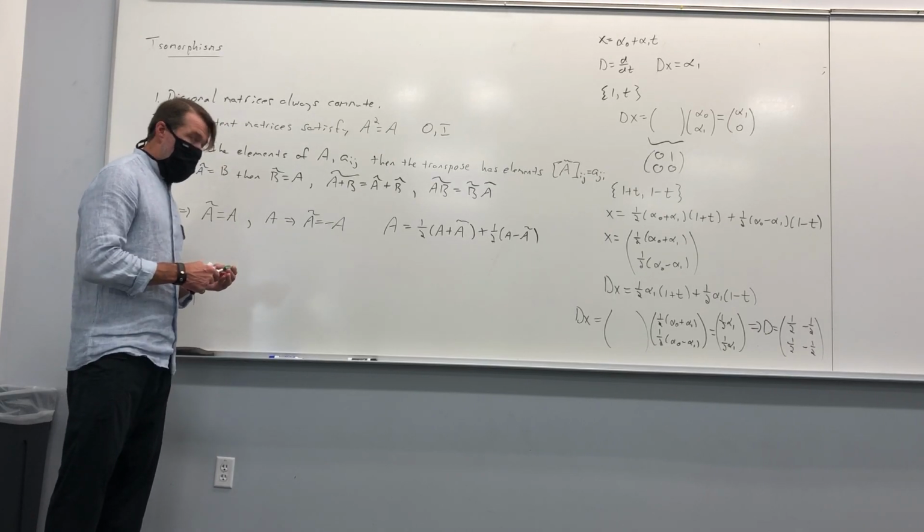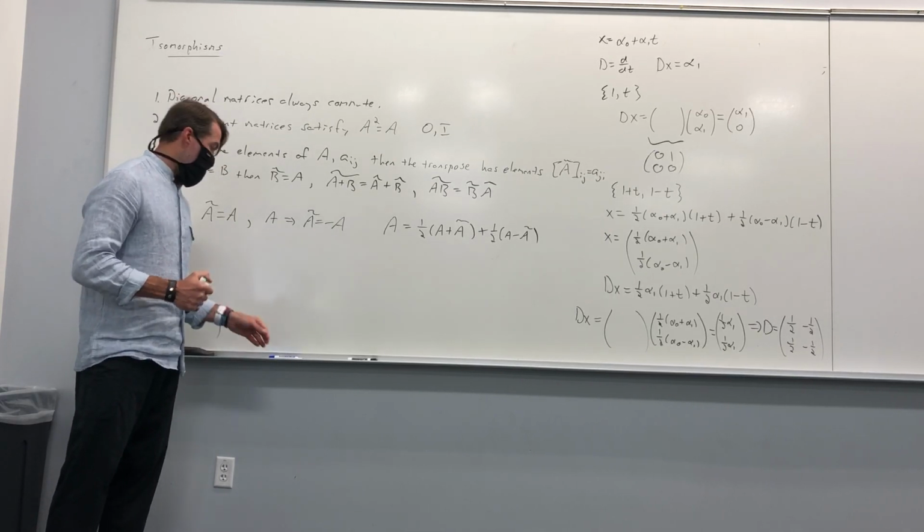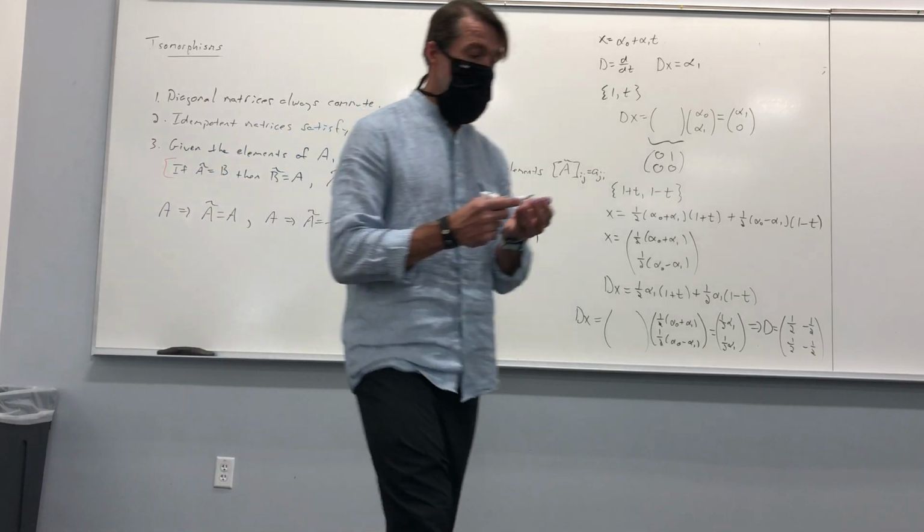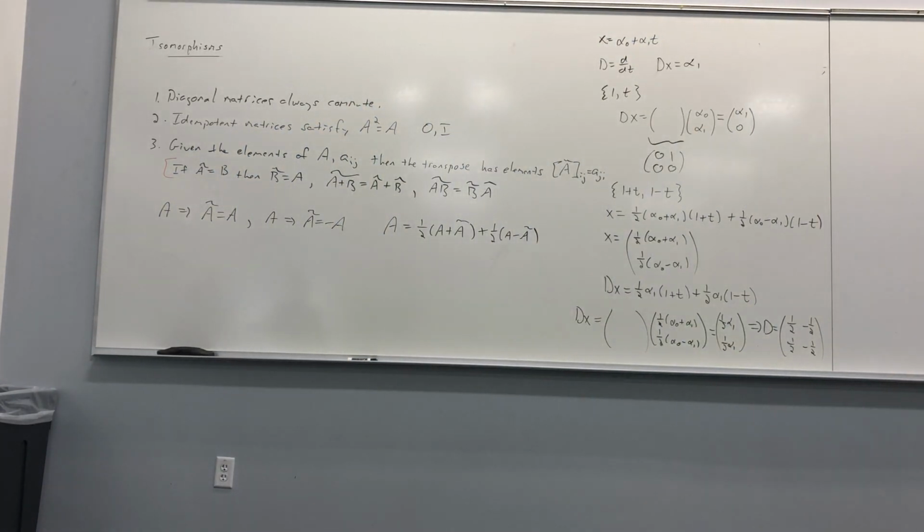What's the difference between an idempotent matrix and the projection operator? What's interesting is that a projection operator is an idempotent matrix, but idempotence is more general. What else does the projection matrix have to satisfy?